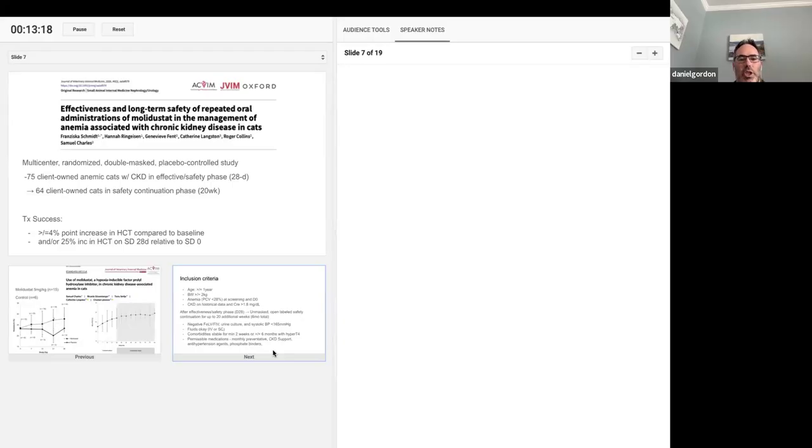Was there any change in these cats in the long-term data? And so when they look at treatment success, they're defining that as a greater than or equal to 4% increase in their hematocrit compared to baseline, and/or a 25% increase in hematocrit over the study time frame between 28 days and 0 days.